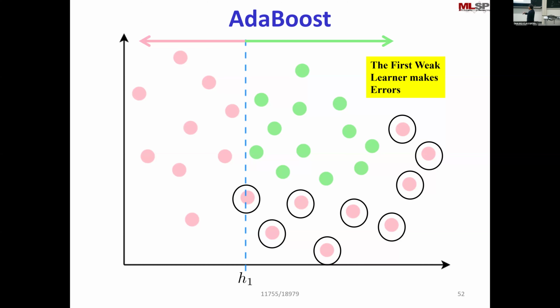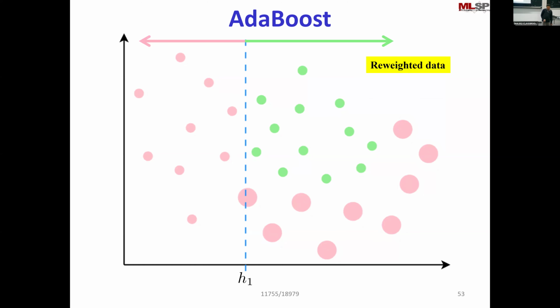But we know the first one got those things right. So how do you increase the importance of these without losing those? Perfect, that's exactly what I would do. I'd increase the weights assigned to the ones that have been misclassified and decrease the weights of the ones that were correctly classified. They're less important.